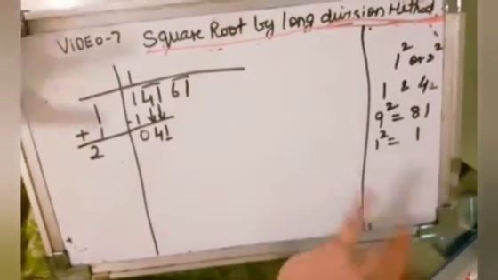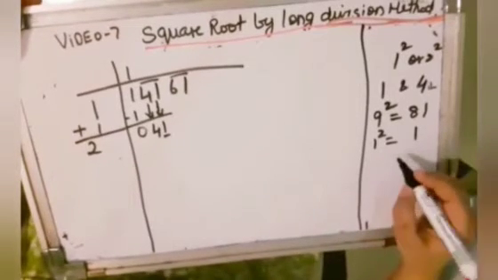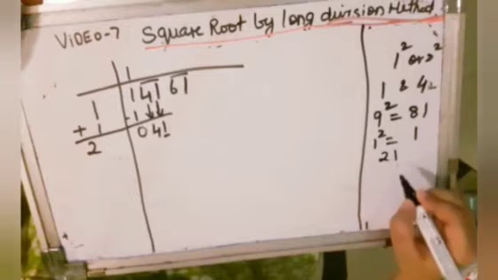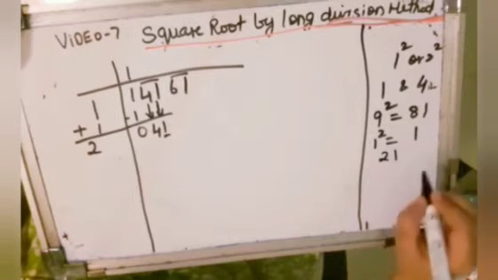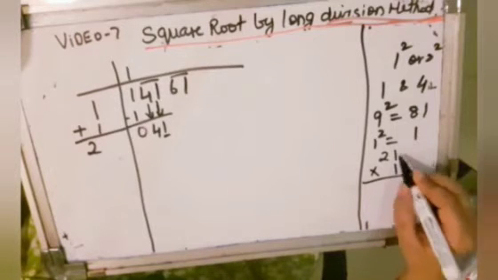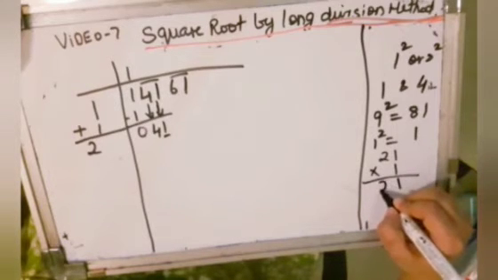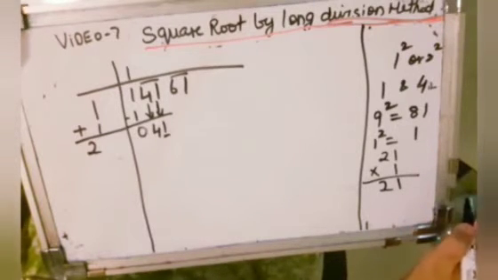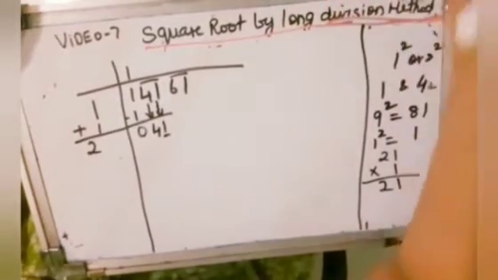So I think it is 41. You can just use your logic and think that 21 would be the nearest number for this. So 21, if you are taking 21, then you are multiplying also by 1. So 1 into 1 is 1 and 1 2 is 2. So I think 21 is not working.